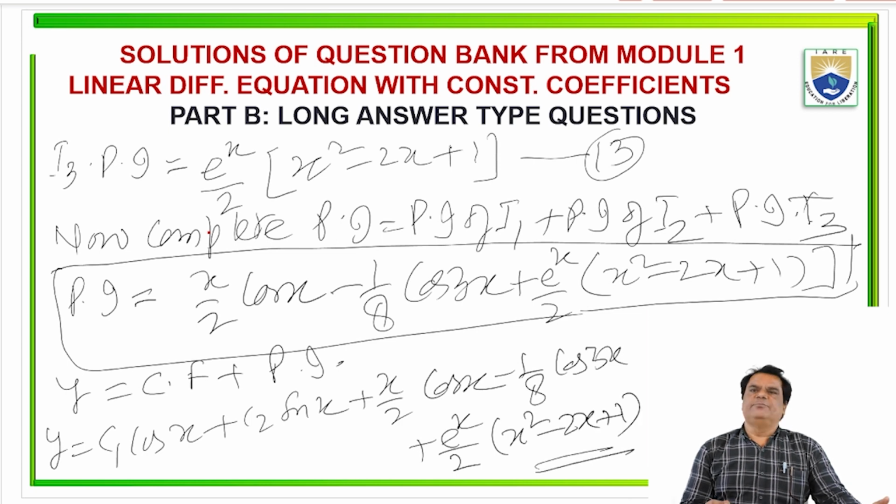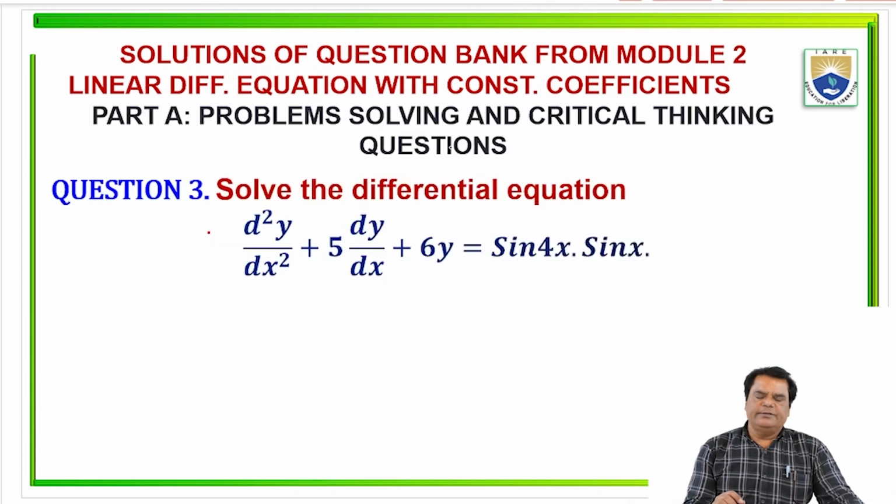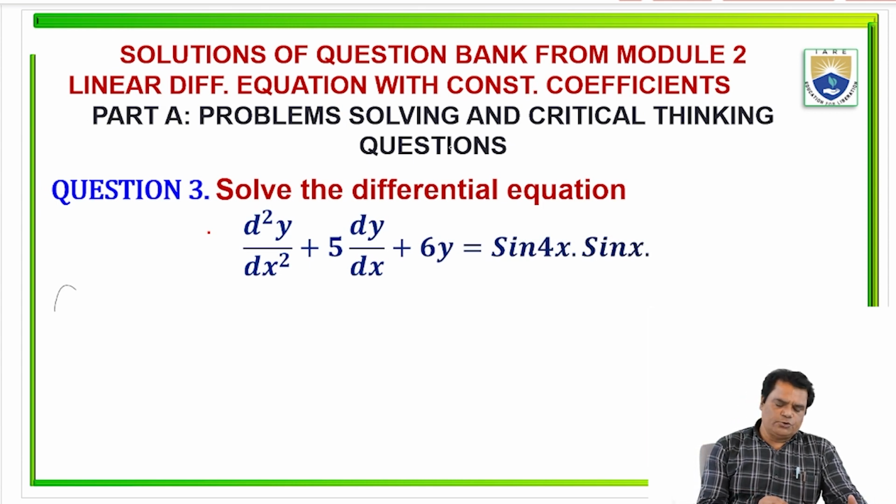Okay, this is the complete solution: y equals CF plus PI. So here we have discussed problem 2 in detail. Now next, problem 3. This is also a very easy problem and we can solve it here.